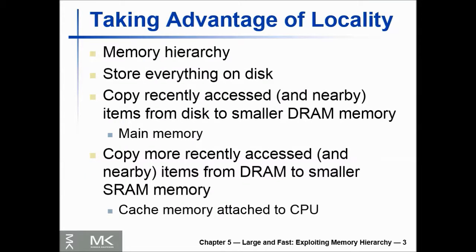We take advantage of the principle of locality by implementing the memory of a computer as a memory hierarchy. A memory hierarchy consists of multiple levels of memory with different speeds and sizes. The faster memories are more expensive per bit than the slower memories and thus are smaller. The faster, smaller, and more expensive memories are closer to the processor.